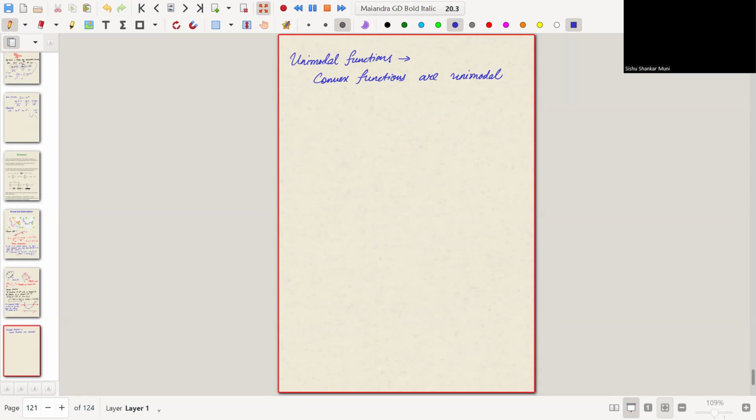Yeah, because I will say this is point number one, there are unimodal functions, try to check it if you're interested, which are neither convex nor concave. All right.